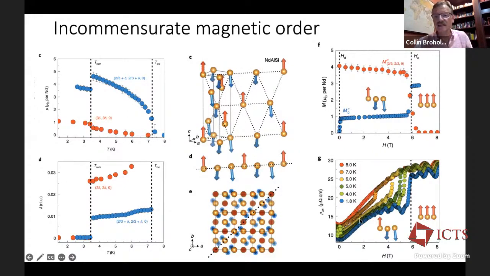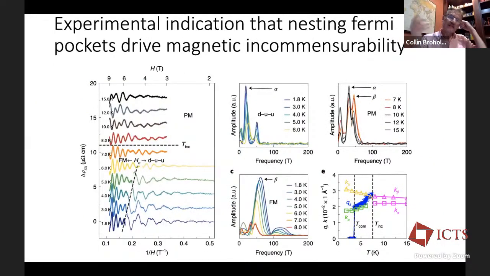But even as a function of magnetic field within the up down down structure, there are actually changes in the characteristic frequencies, indicating that there are changes in the underlying Fermi surface. To look into that with some greater care, we subtracted a magnetoresistive background and then extracted the Shubnikov-de Haas oscillations as a function of field, but also at various different temperatures.